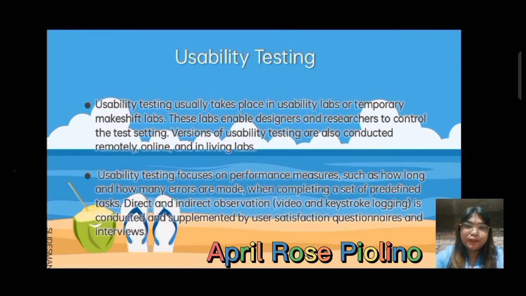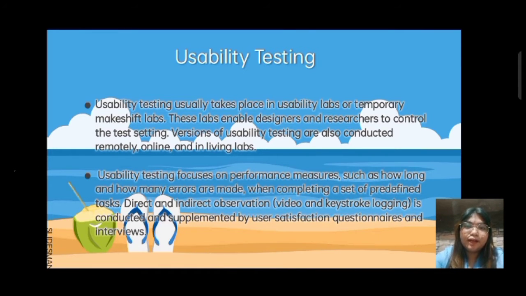My name is April Rose Bipolino, and I will discuss the topic usability testing. Usability testing usually takes place in usability labs or temporary makeshift labs. These labs enable designers and researchers to control the test settings. Versions of usability testing are also conducted remotely, online, and in living labs.